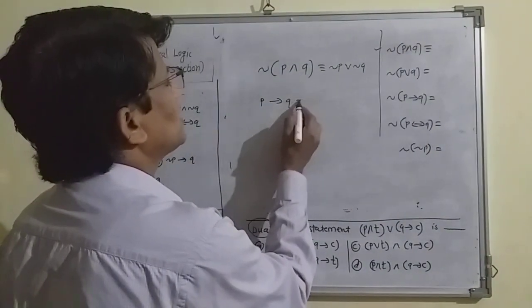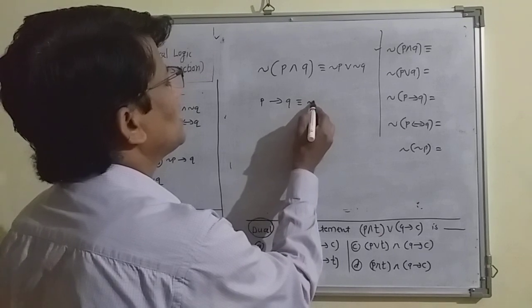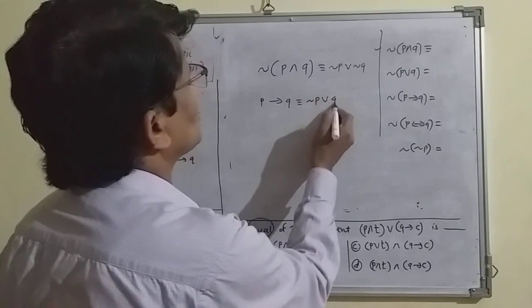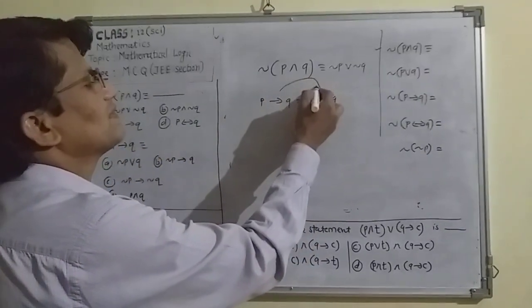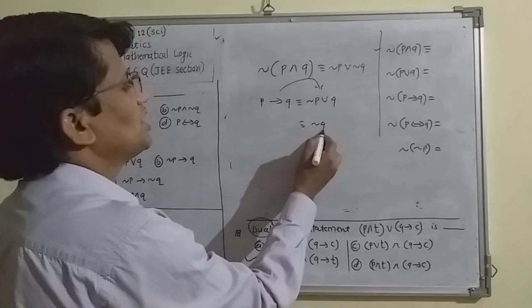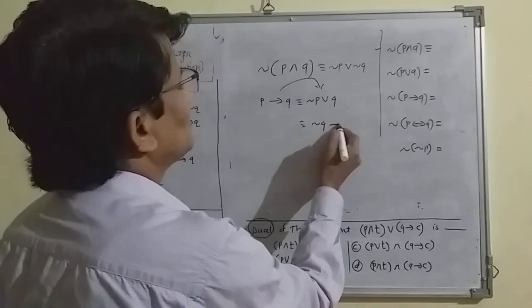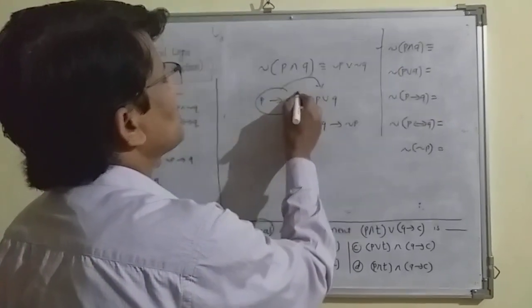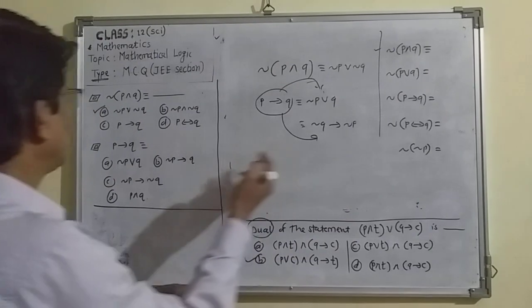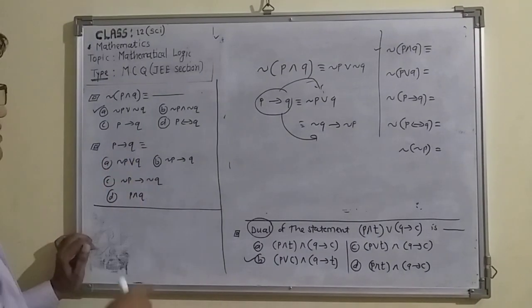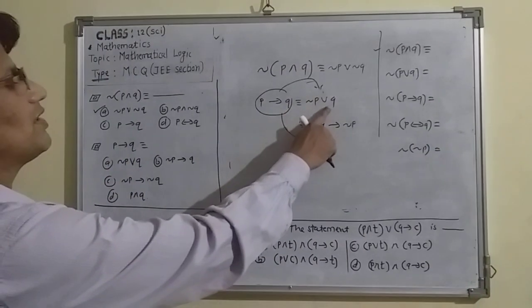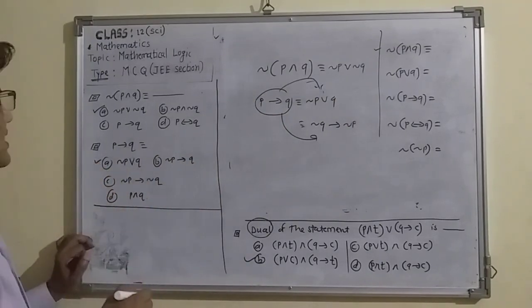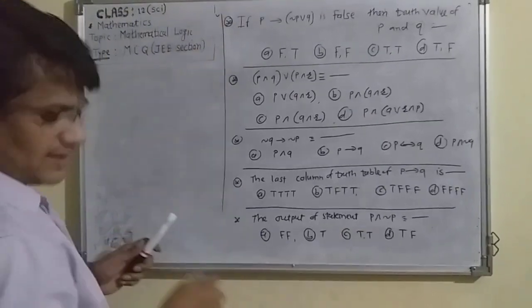This implication is equivalent with negation of P or Q, as well as negation Q implies negation P. Let us check here. P implies Q is equivalent with negation P or Q. Where is it? Negation P or Q. Option A is correct.